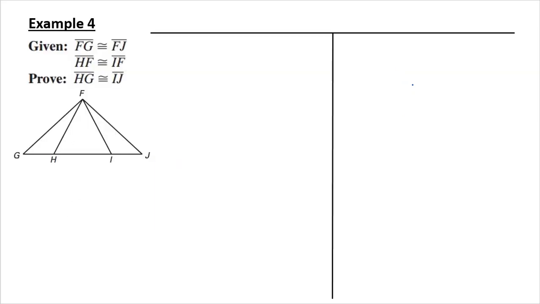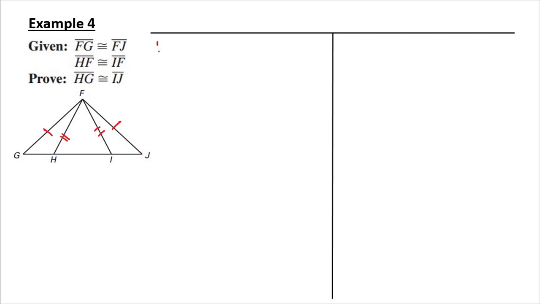Okay, this proof is a pretty interesting proof, a fairly challenging proof. Let's mark up our diagram. We know that FG and FJ are congruent, and we knew HF is congruent to IF. I'm trying to prove HG, this little piece there, is congruent to that little piece there.